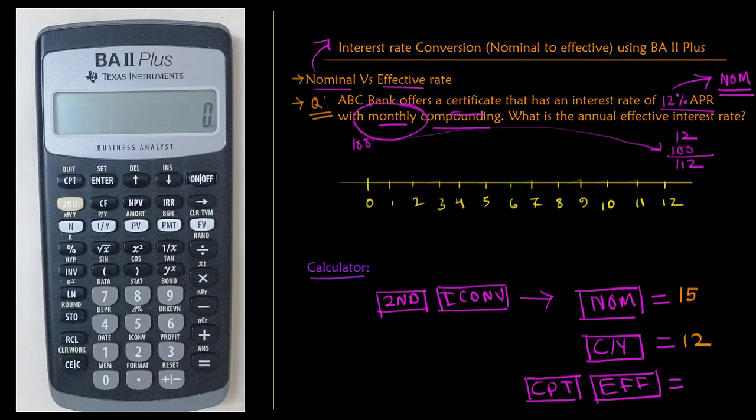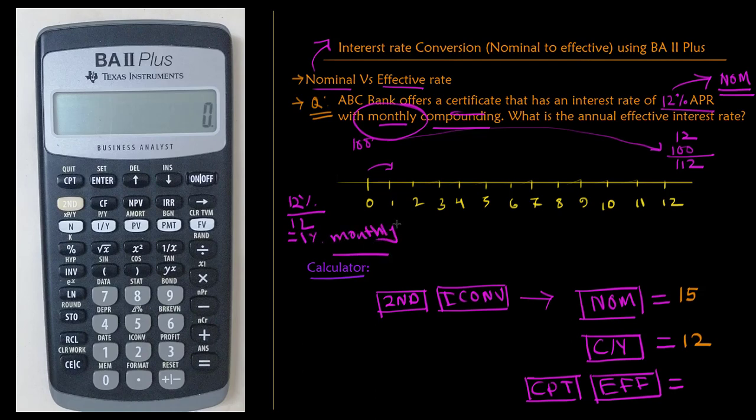With monthly compounding you will actually receive some money just after 1 month. Now this amount of money will be 12% annually, so 12% divided by 12, that is 1% monthly.